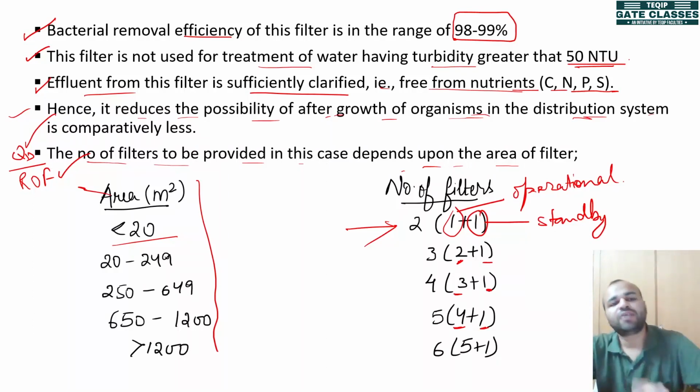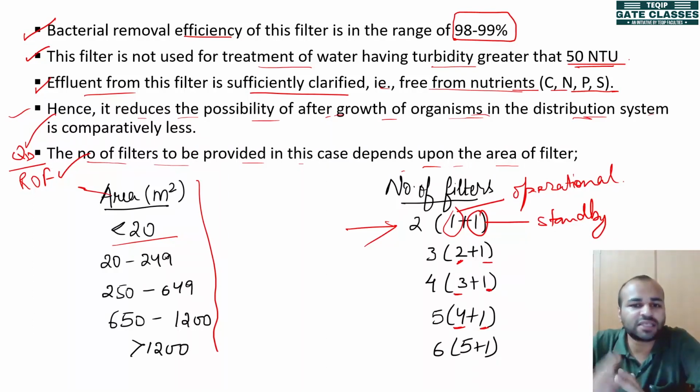Once these major types of filters are covered, we will move on to the numericals that are frequently asked both in engineering services and in the GATE exam. Afterwards we will move forward to the next concepts, and we will eventually cover this course of water supply engineering.